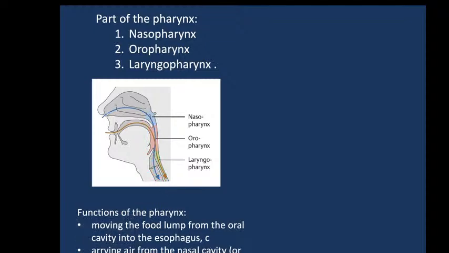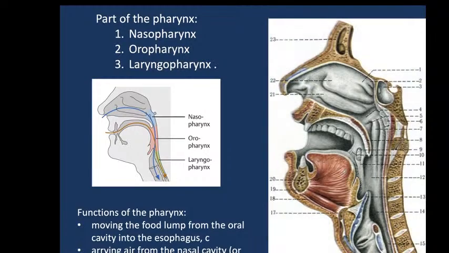It is visible, blue arrow, and here the brown is the way of food. So only the oropharynx is a cross border, a cross of digestive and respiratory tracts. And here the pharynx inside is also visible.